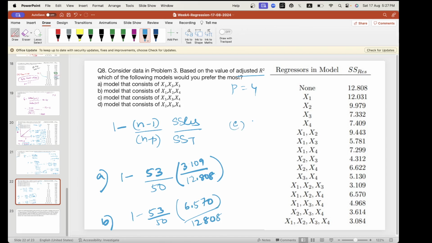For C it is 134, 4.968 by 12.808, and for D it is 234, that is 3.614 by 12.808. So let me just calculate.